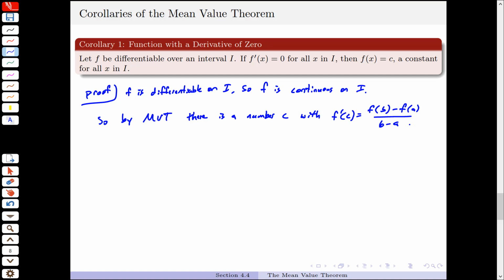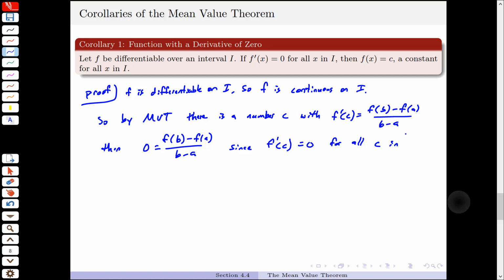And if f prime of c is always 0, then that means that if I take any number in between a and b, the derivative is always 0, so I have 0 equals this thing.